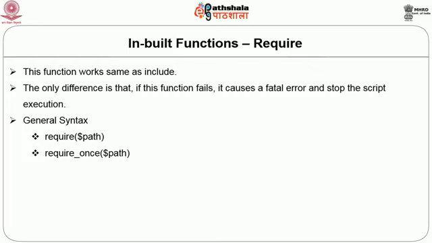So it is up to your requirement which one you should use. Generally you should use either include_once or require_once. The reason is that the file is included only once, otherwise you can include it multiple times. So when you develop a program, you have to make sure which one you require.